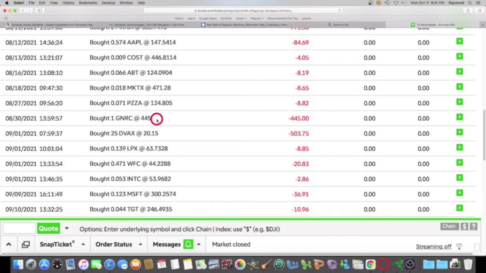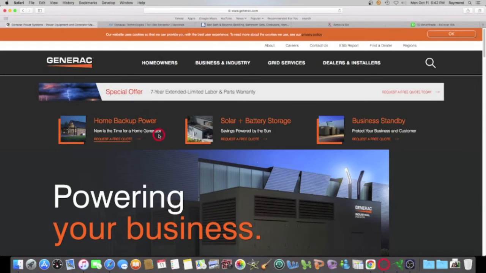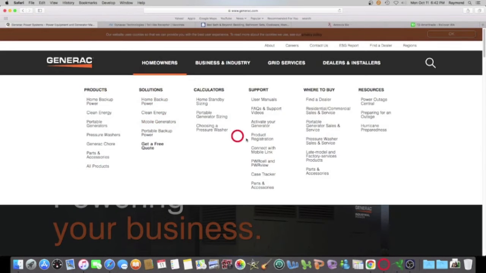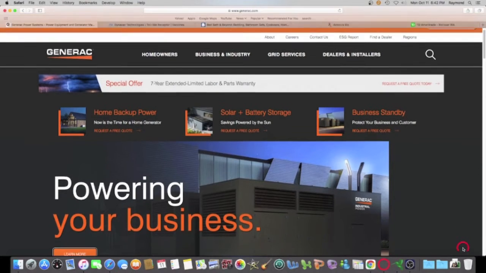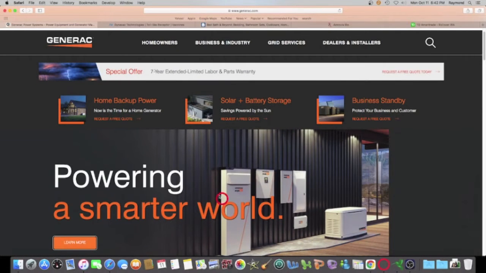The reason I bought this stock is climate change. The weather is crazy, and there is a high need for people to buy power equipment. I actually have their website up, so let's check that out. Here's their website, and as you can see, they have home backup power.